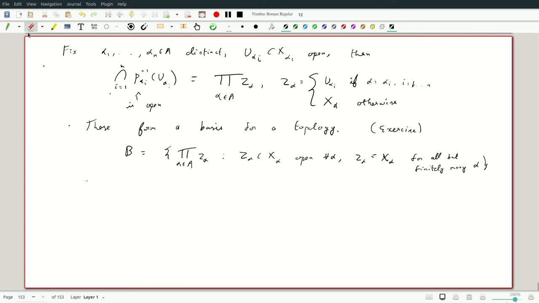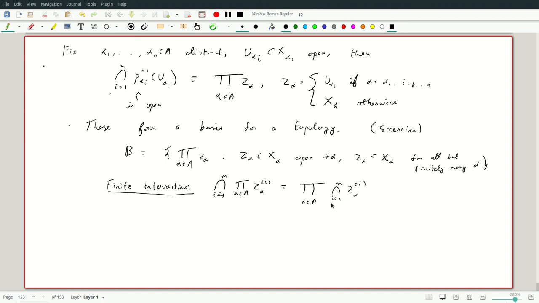Let's look at finite intersections. If I take the intersection of products over alpha in A of, let's say, Z alpha i, i equals 1 to some little m, it is the product over alpha in A of this intersection of Z alpha i, i equals 1 to little m. So what do we know about this?